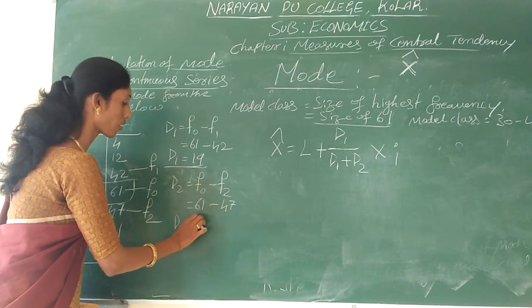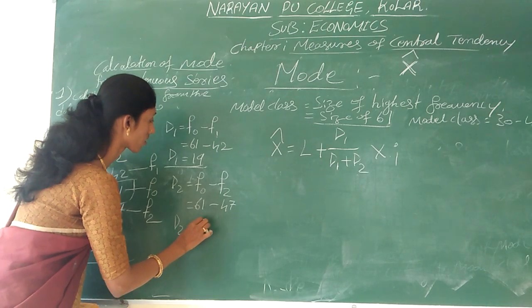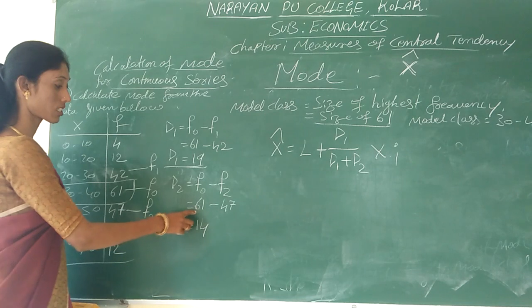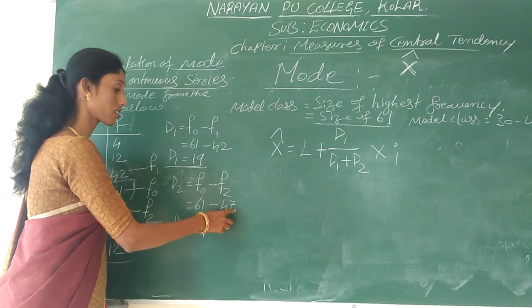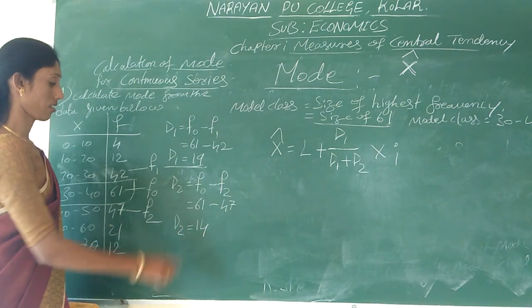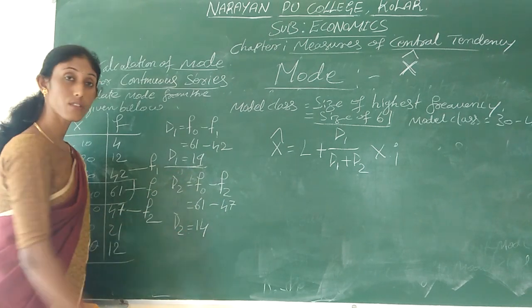I hope you get 14, right? 61 minus 47 you will get 14. Now D1 is 19, D2 is 14.